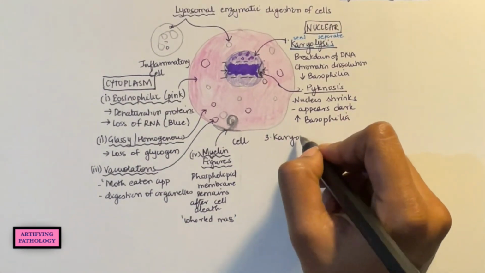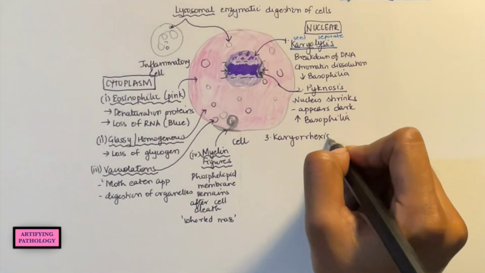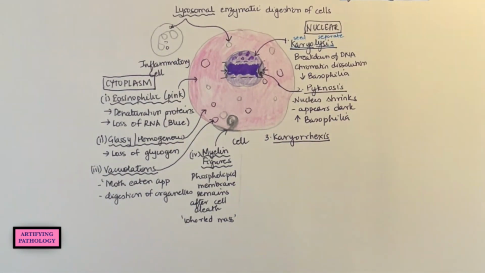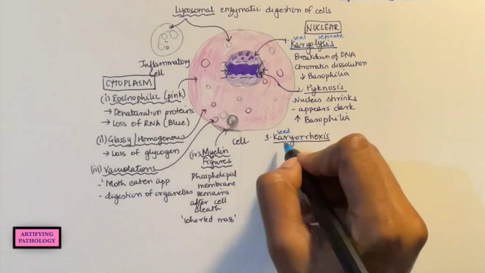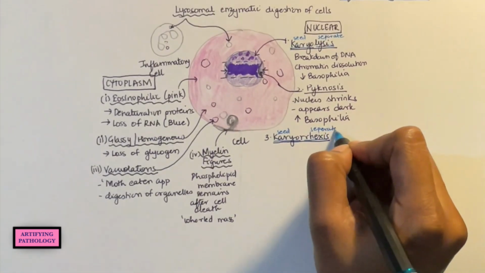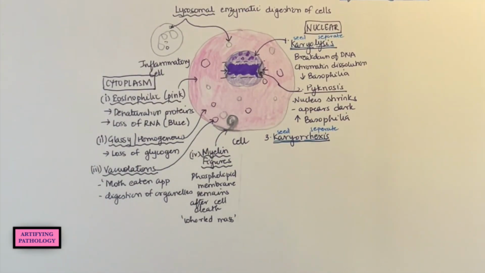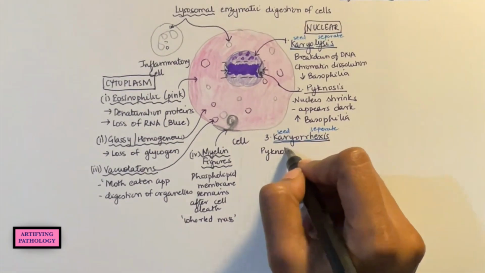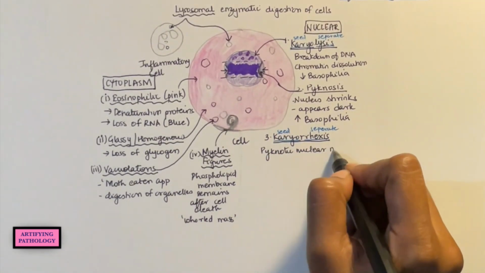After pycnosis, we have karyorhexis. If we break down the word, karyo means a seed and rhexis means to burst. So at this stage, the nuclear membrane bursts open, creating fragments of the nucleus.